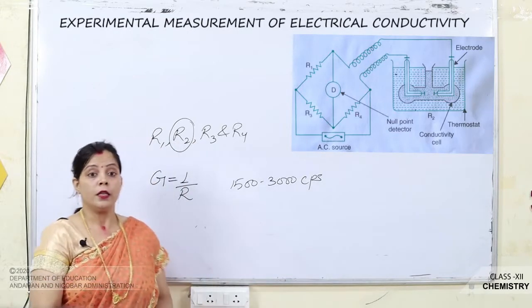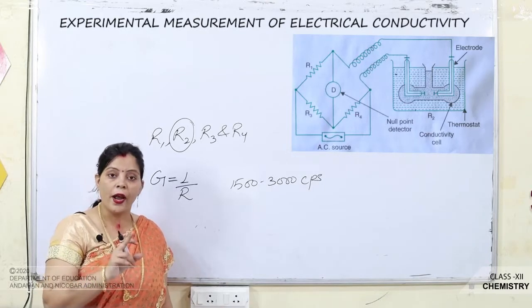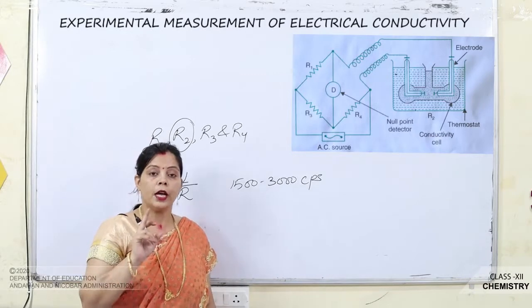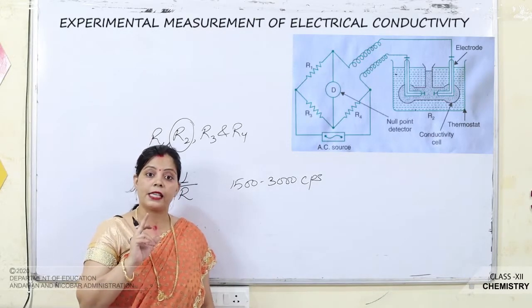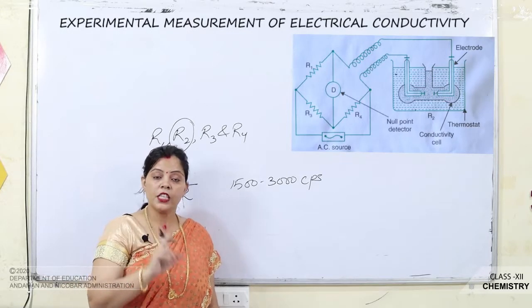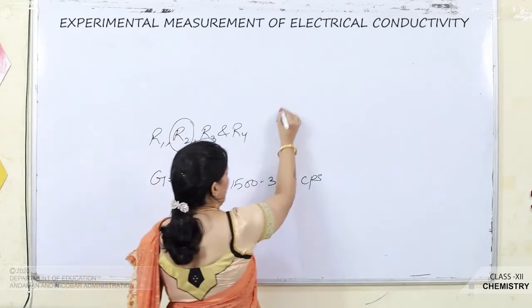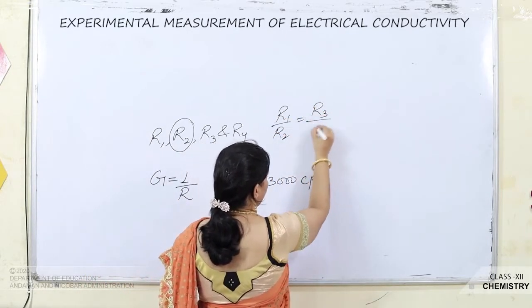So, children, the resistances R1, R3 and R4 are so adjusted that the null point is obtained, and the null point can be detected by the detector, that is capital D. At this point we can easily determine a relation: R1 by R2 is equal to R3 by R4.